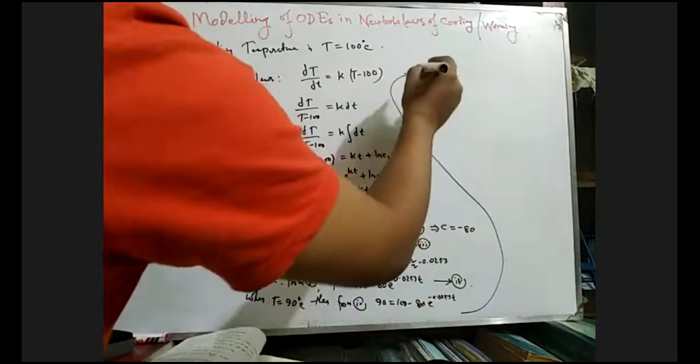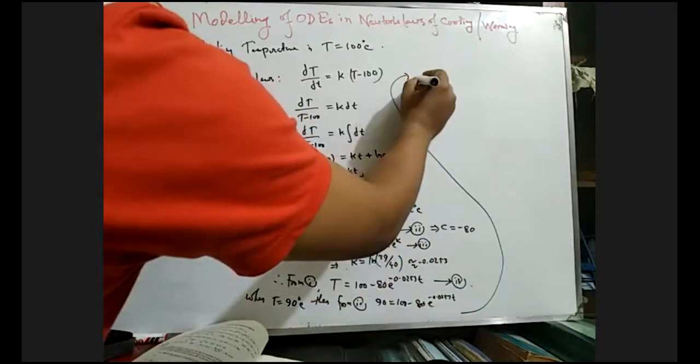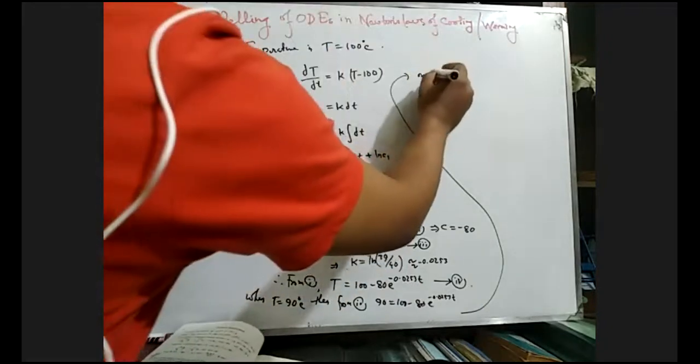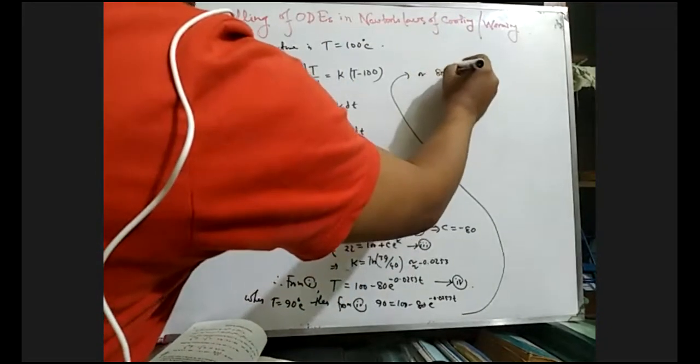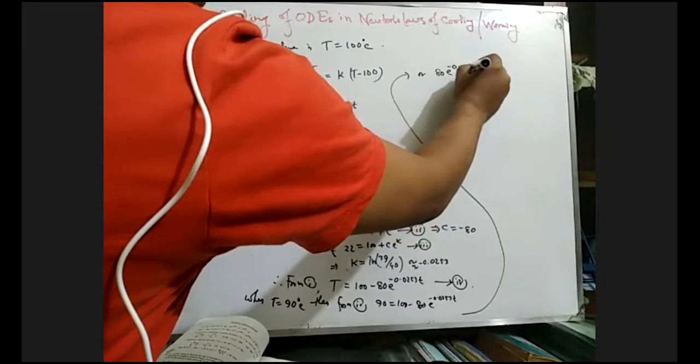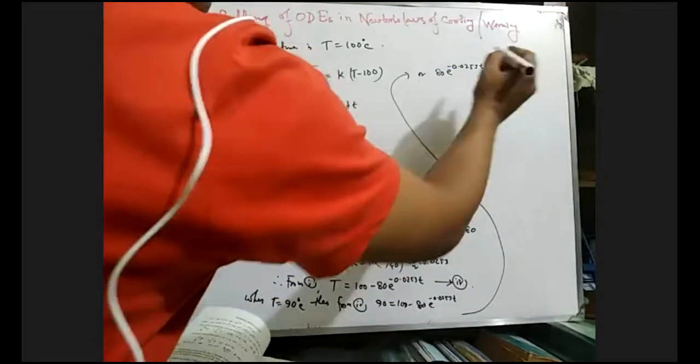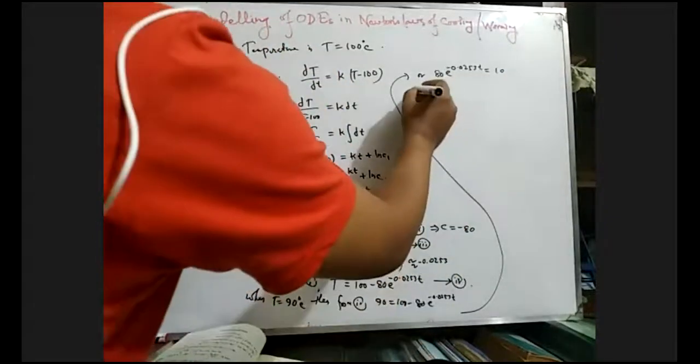After solving this, 80 e to the power minus 0.0253 t equals 10. 100 minus 90 is 10.